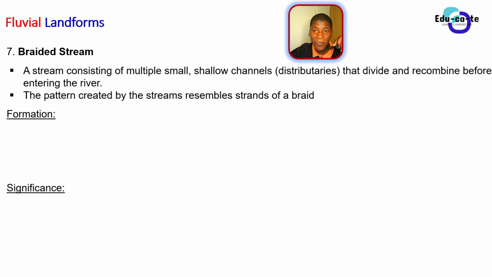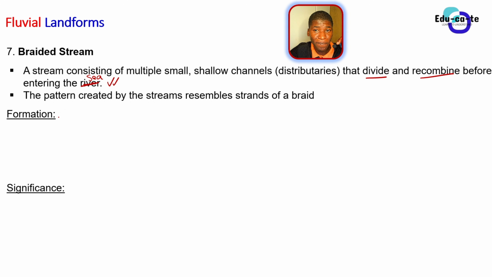We have distributaries in deltas, and we also have distributaries in braided streams. The difference is that in a braided stream, the distributaries divide and recombine before entering the sea, or you can say another river is still valid.